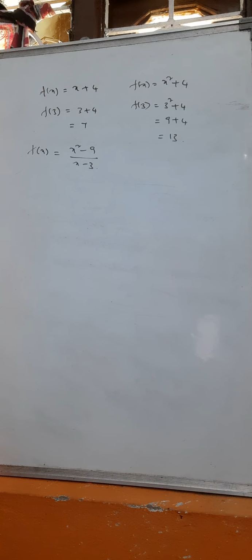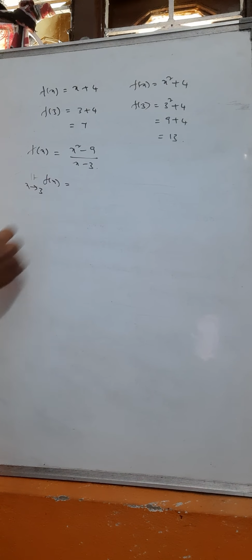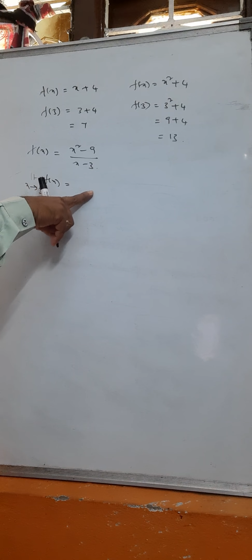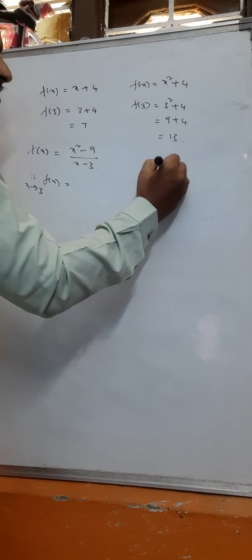But we can find the nearest value of 3. So here the limit as x tends to 3 of f of x, we can find. This is not exactly f of 3, but it is near to f of 3.